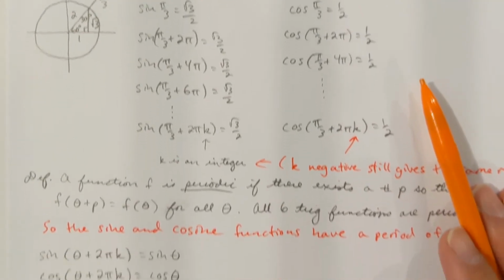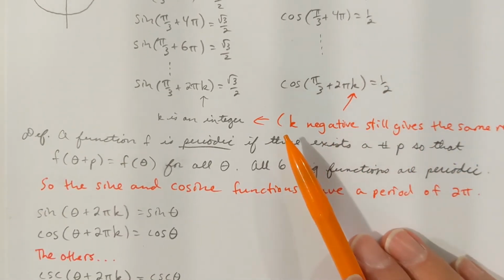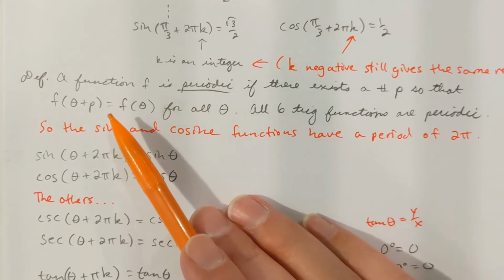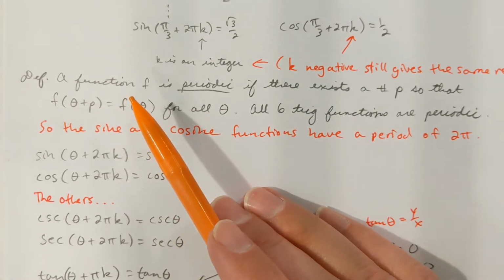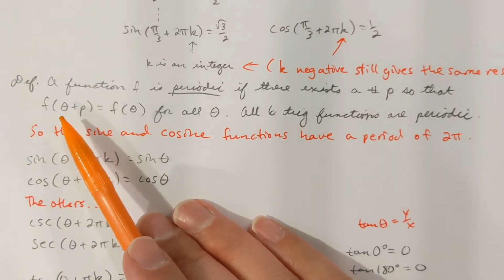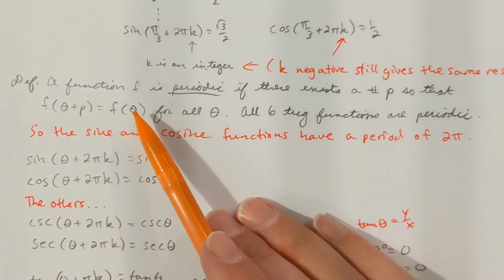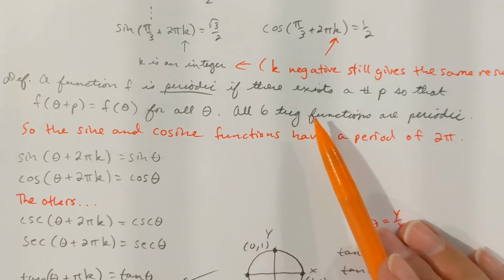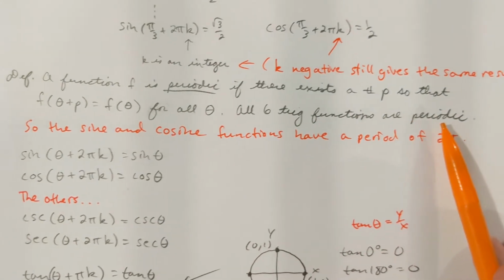Okay, so here's a definition. It says a function f is called periodic if there exists a number p so that f of theta plus p is the same as f of theta for all theta. All 6 trig functions are periodic.